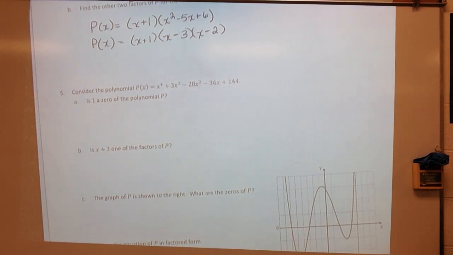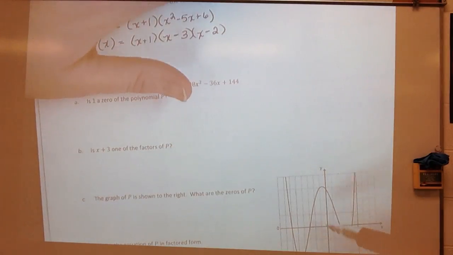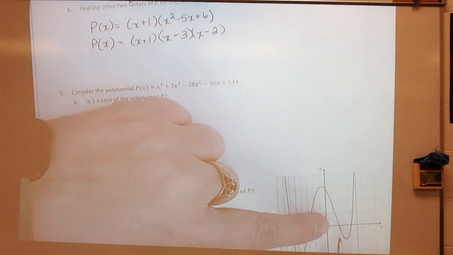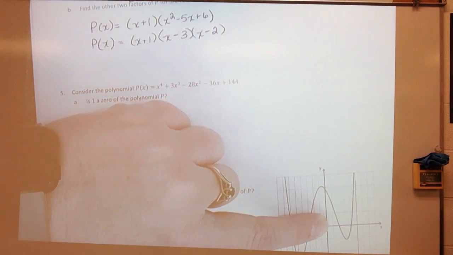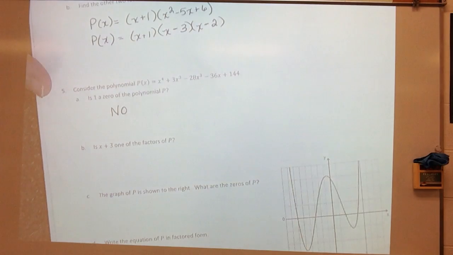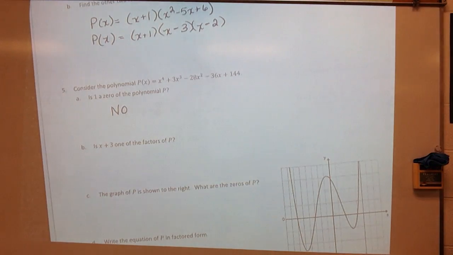Well, I can look at the graph and I can see, okay, if 1 is a 0, then it should hit on the x-axis at that point. So if I go to 1, and we're counting by 5s, 4, 3, 2, 1. So if I go to 1, does my graph hit at that spot? It does not. So 1 is not a 0 of this polynomial.